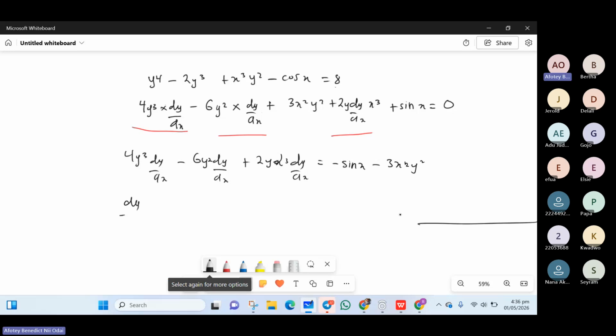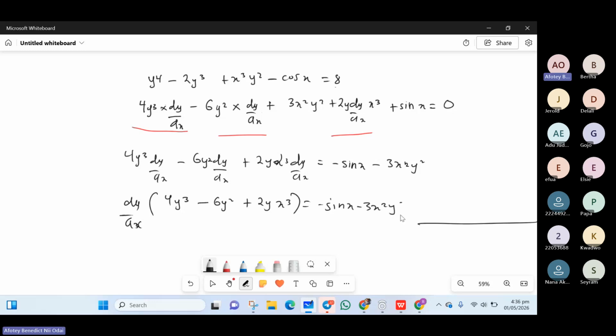Right, so you factor out dy dx, you get 4y cubed minus 6y squared plus 2y x cubed, and this is equal to sine x minus 3x squared y squared.